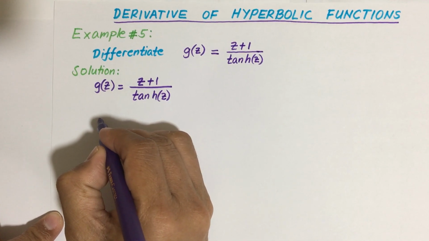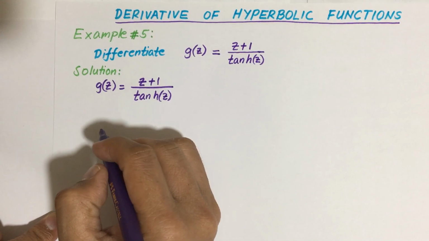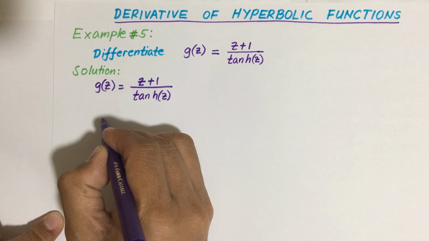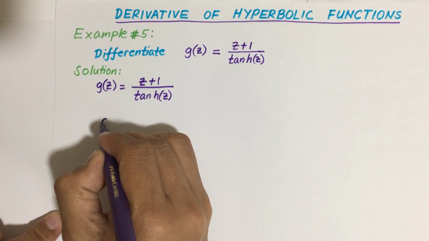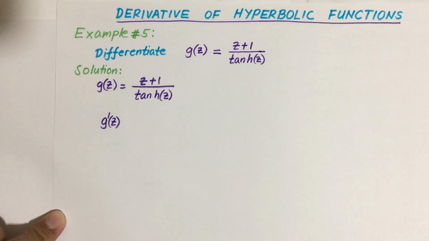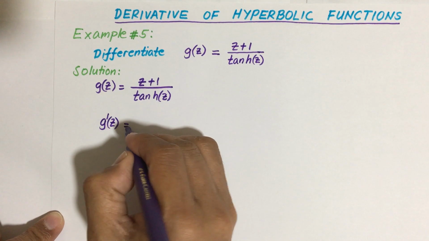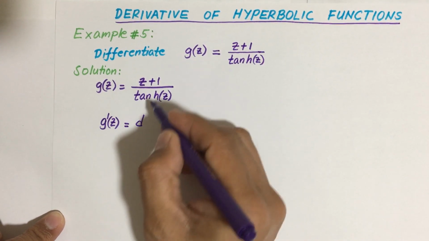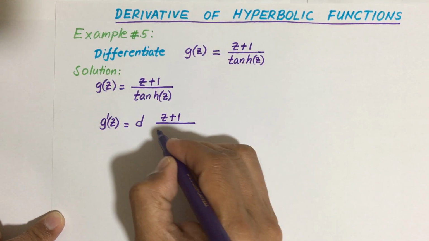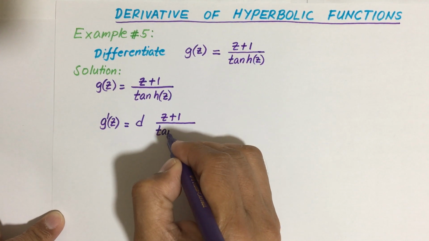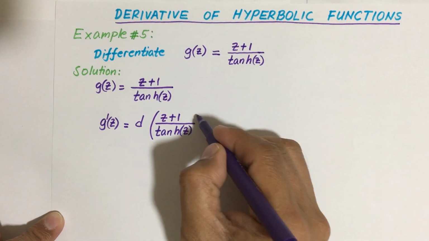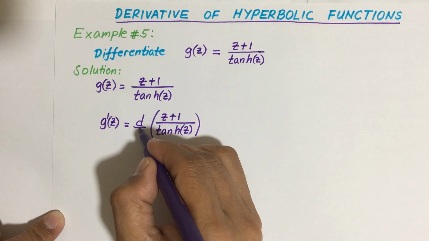So the derivative, you just take the derivative on both sides, or simply we have g prime of z equal to the derivative of the given function, z plus 1 divided by hyperbolic tangent of z, with respect to z.